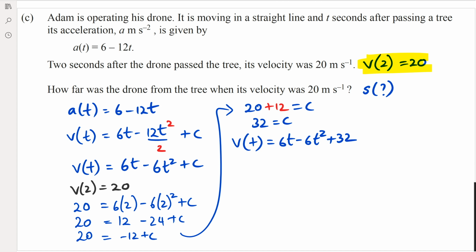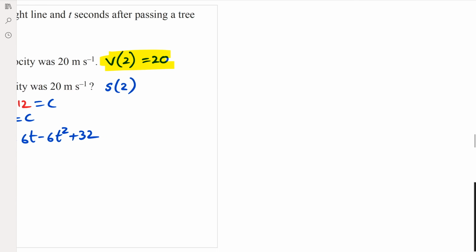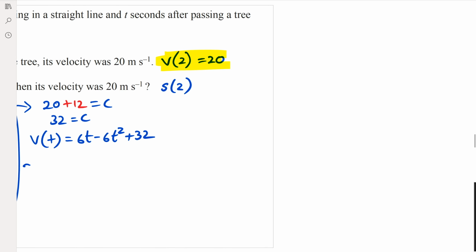But the question is actually asking for how far was the drone. So I'm looking for the s. In other words, I'm looking for s of 2, because I know that when the velocity was 20 meters per second, 2 seconds had passed by. So I'm going to work that out first. Let's see, I'm going to move it here. Hopefully the space is enough. So I've got v of t equal to 6t minus 6t squared plus 32.